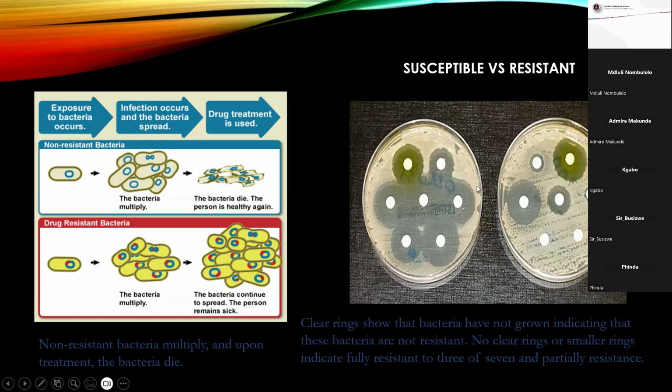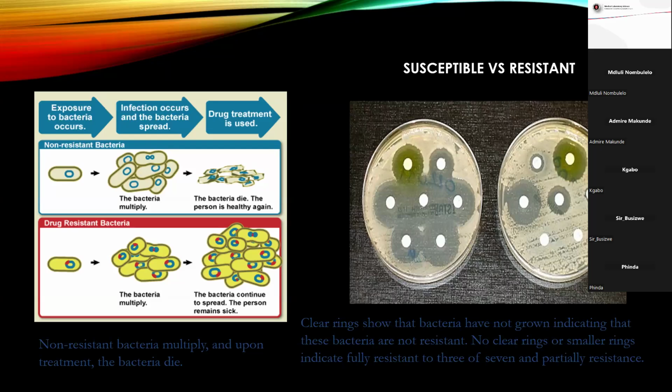The next picture is just trying to demonstrate how the laboratory can demonstrate resistance within bacteria. So the first plate is a similar plate, like an organism which was grown some years back. Then the next plate is now an organism years later.